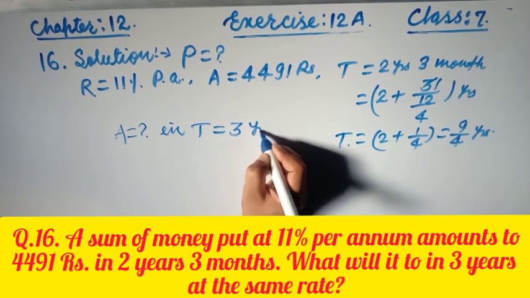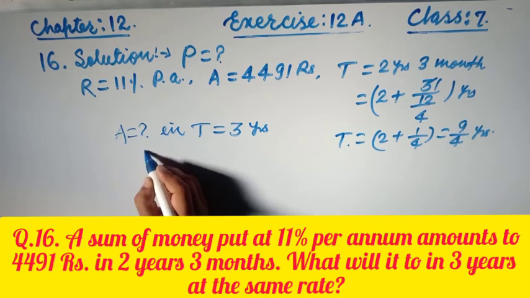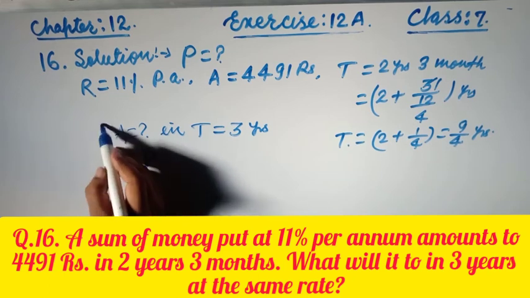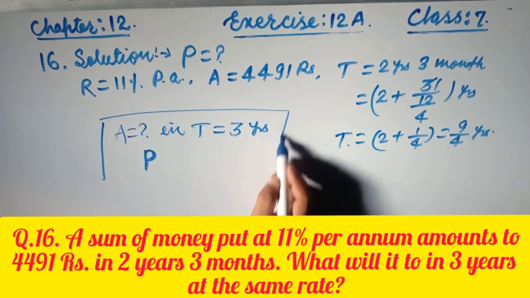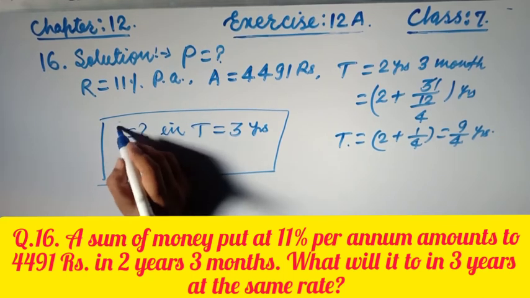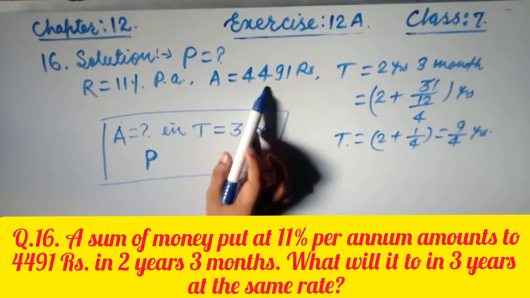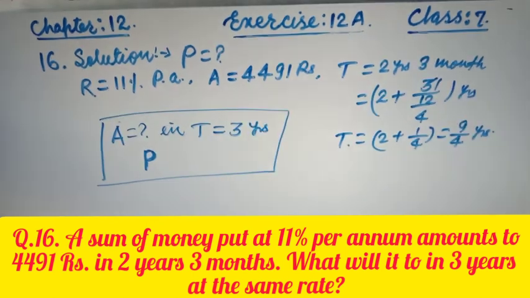For this we have to find the principal. From here we find the principal and SI, then apply it here and we can easily find the amount. So from the given, friends, R is given, A is given. SI is not given, so this question is like question number 15.